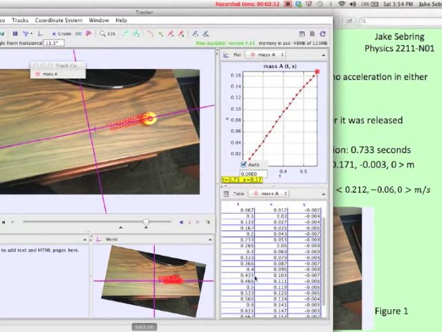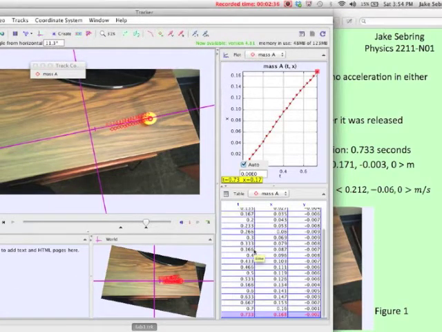The data from Tracker is also very useful because it shows the initial time and position as well as the final time and position. In this case, the time of last observation was 0.733 seconds, with a position of 0.171 meters in the x direction and negative 0.003 meters in the y direction. As you can see from the final position, the ball drifted down in the negative y direction.